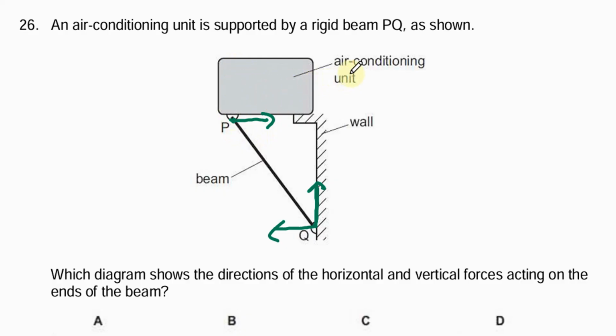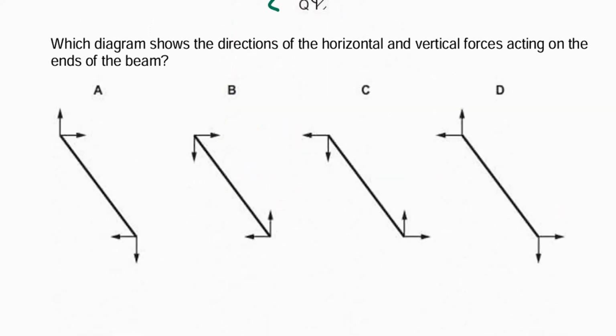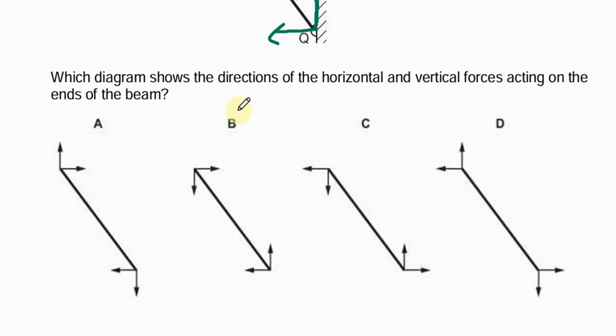And that means that the air conditioning unit exerts a force onto the beam down, which is a normal reaction force. So this is the normal reaction force of the air conditioning unit onto the beam. Once again, this angle is 90 degrees. Now we can compare this diagram with the options given, and we see that it's B.